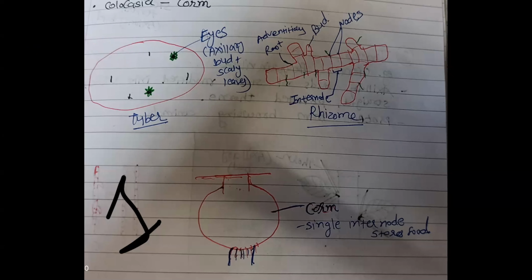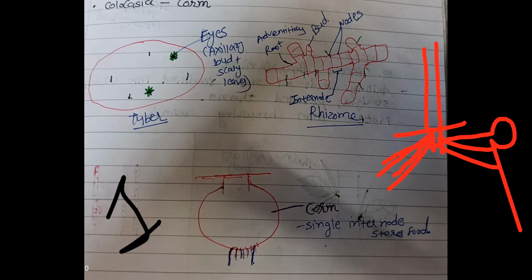See, stem has two parts. One is aerial, the other is the underground part. On the underground part, the branches are there. So particularly for potato, see, the underground part of the stem has branches, particularly at the tip part.